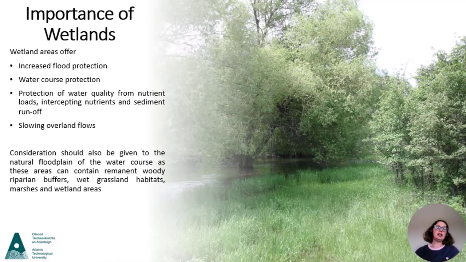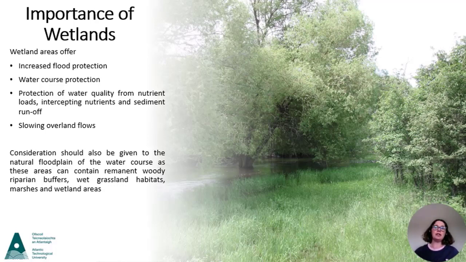So consideration, if they're available on the farm, should be given to natural floodplains of a watercourse, particularly if it's very typical that every year an area of land would flood naturally. Then it's considering these areas and stating them as natural wetland areas or natural floodplains.